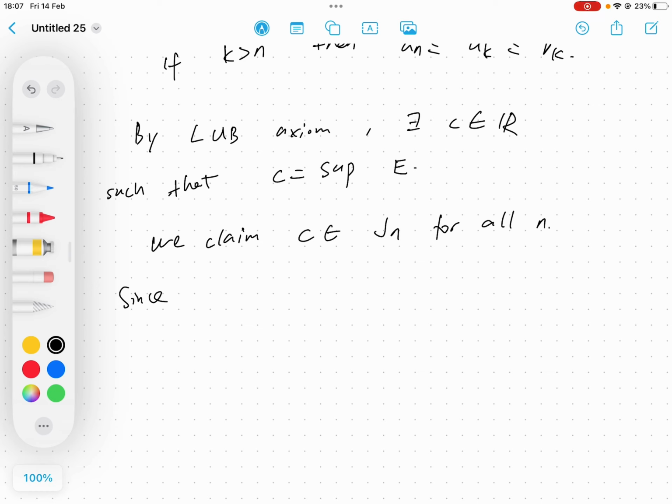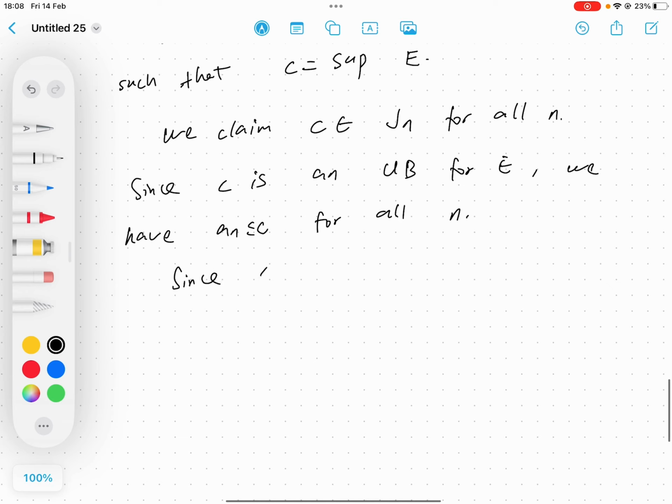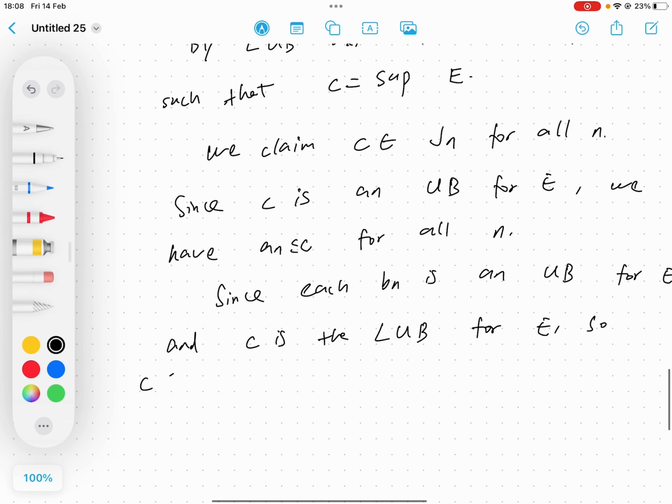So since C is an upper bound for E, we have An less than or equal to C for all n. Okay, and further, since each Bn is an upper bound for E and C is the least upper bound for E, we can see that C is less than or equal to Bn.